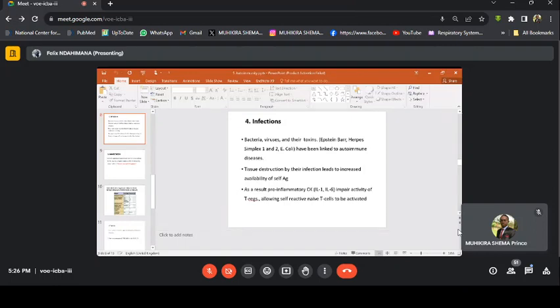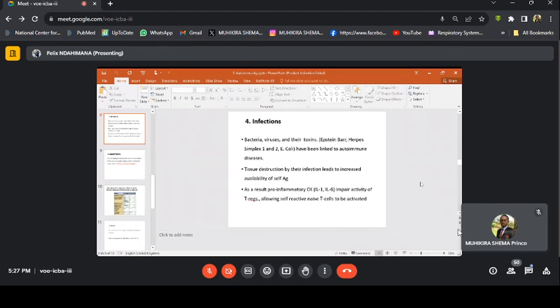All right, we can continue then. Had we finished it, or anyway, we can start a little bit. I was saying that infection, like bacteria, virus, and their toxins, might be linked with autoimmune diseases, whereby they destroy our body and leave in there some self-antigen or some remnant of our cells, and those can be recognized as foreign.